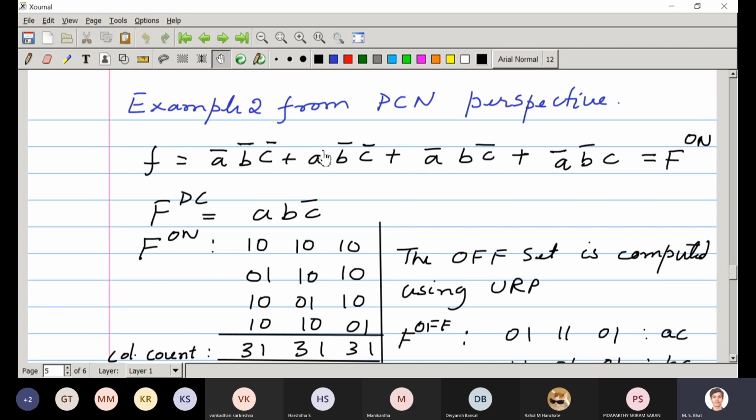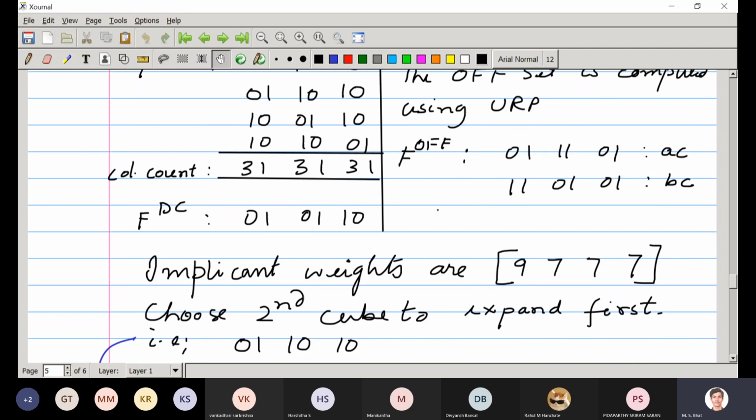Both of them, all these three will be covered just in C bar. So I need not again expand A bar, B, C bar and A bar, B bar, C bar, because they are already covered in this C bar, which is the expanded cube of A, B bar, C bar. Okay. Now, therefore, the next cube to be expanded is only A bar, B bar, C.